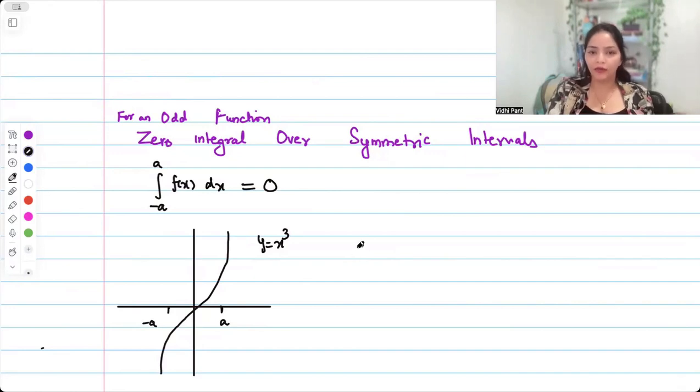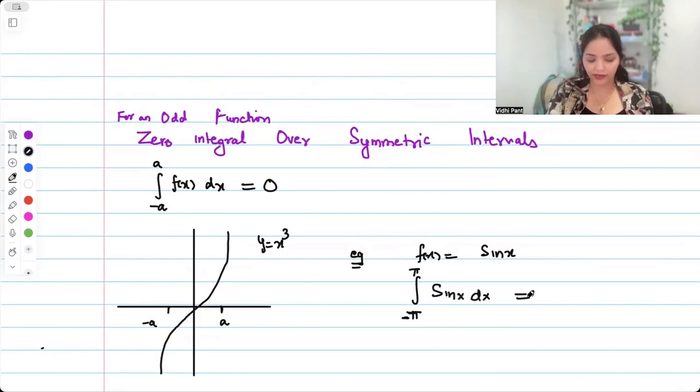Also, let's take up an example of what practically happens if I get this kind of question. If f(x) is equal to sine x, and they are asking you what is the integral from minus pi to pi of sine x dx, what will be your answer?